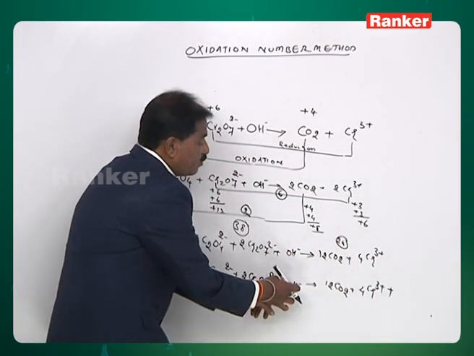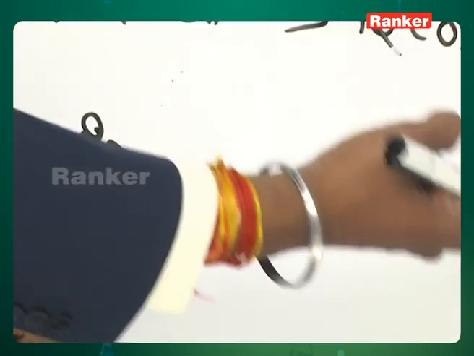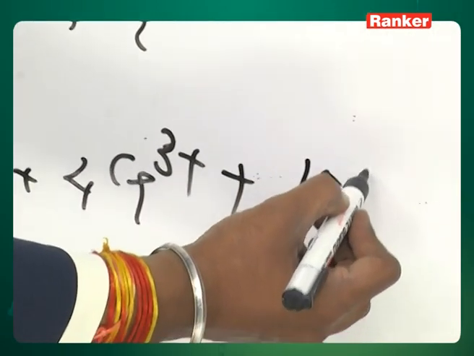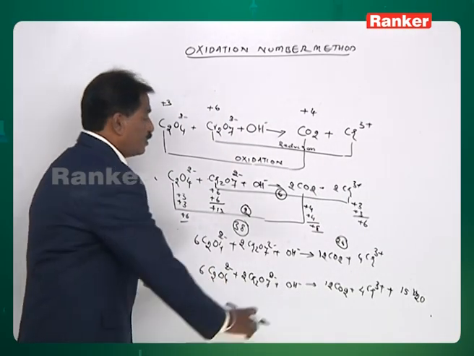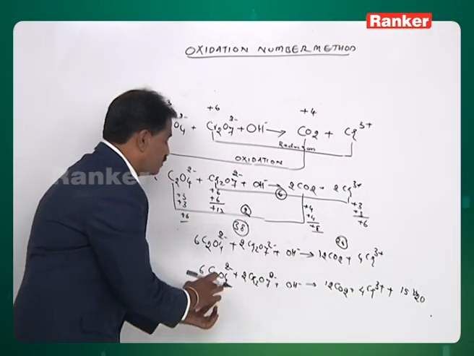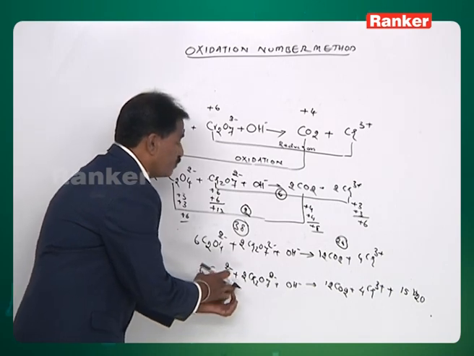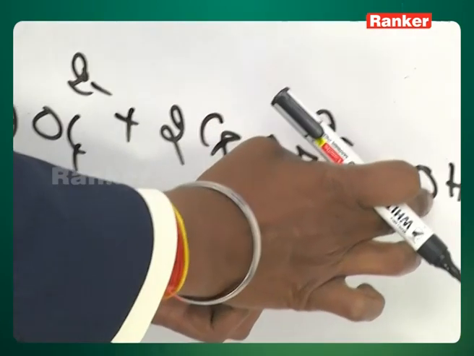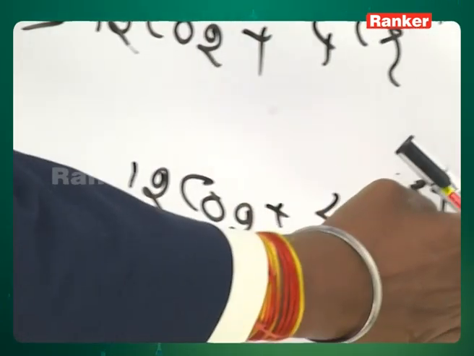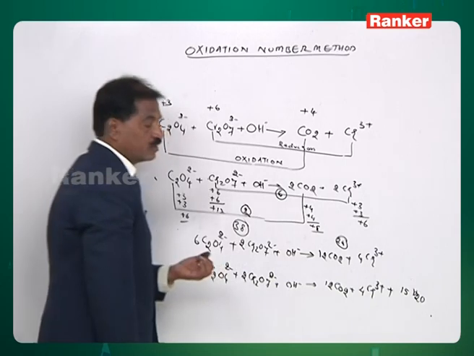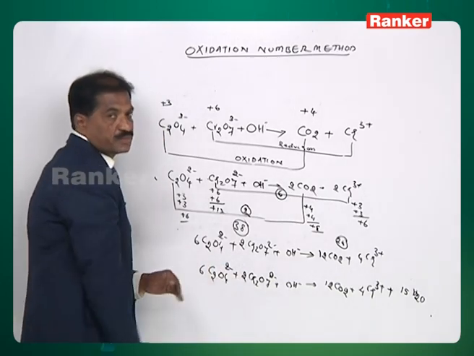Separately, one more OH group is there. For this OH group also include a water molecule. Therefore total 15 H2Os. Now you cross check the total number of oxygen atoms. Here already 24, here 40, 38 plus 1, 39. Here 24 plus 15, so 39. So oxygen atoms have been balanced.